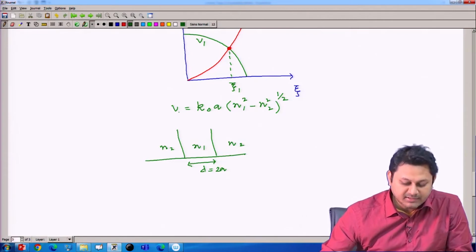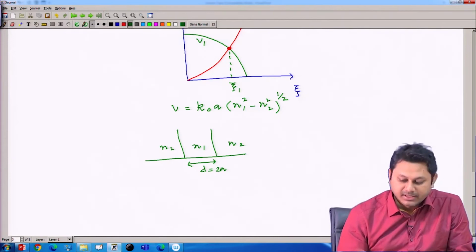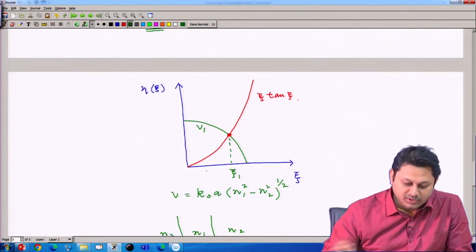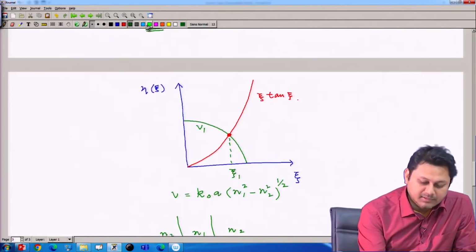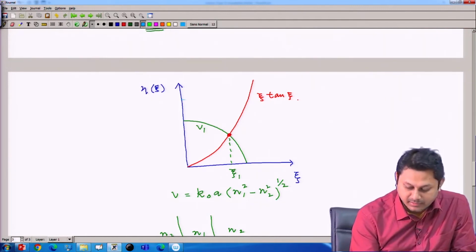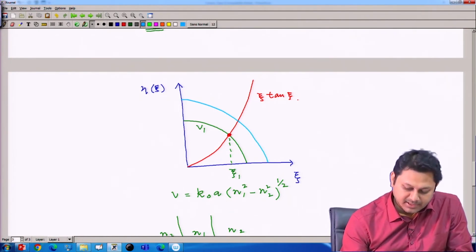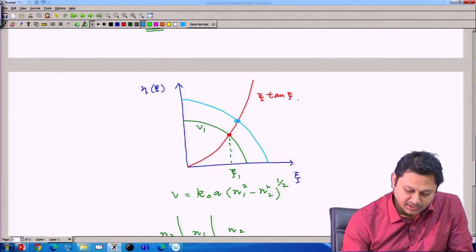So, if I want to increase the value of V, what I can simply do is increase the value of a or the value of D. If I increase this value, then what happens? Now this curve will increase, and I will have another circle with a bigger radius. So, then I have a new solution here.